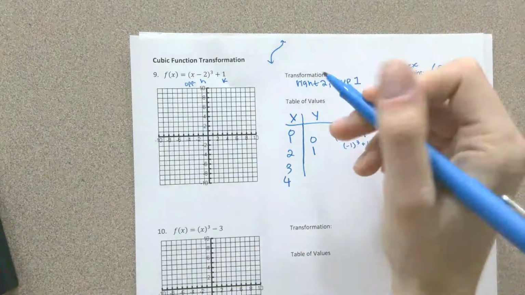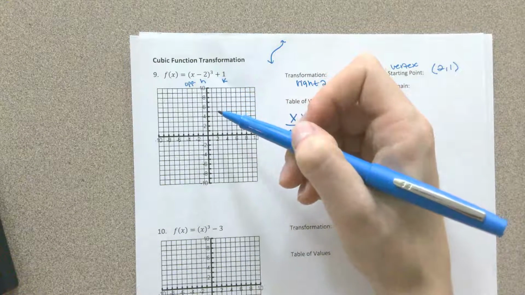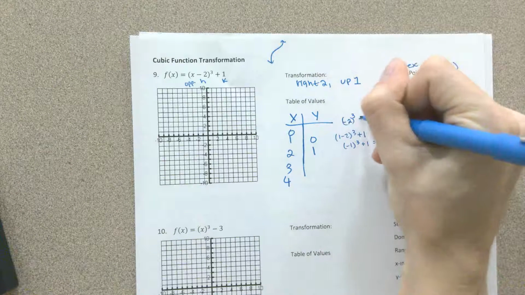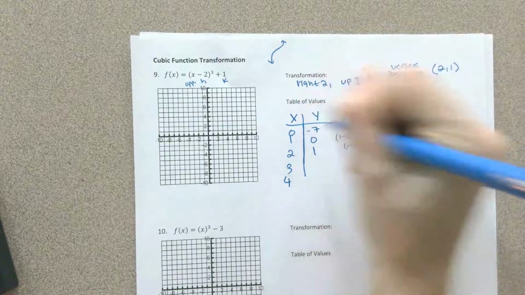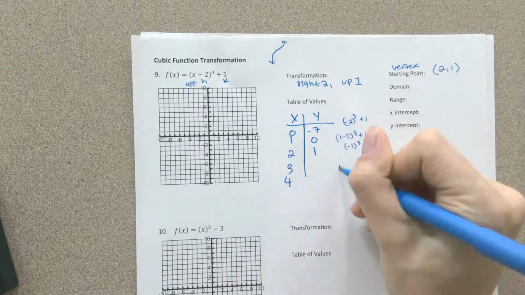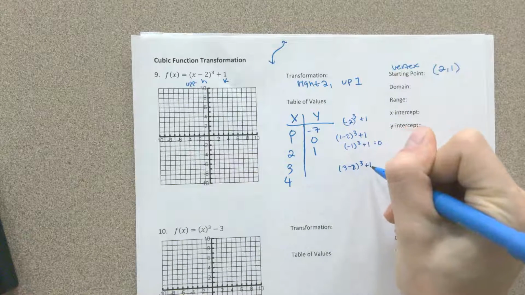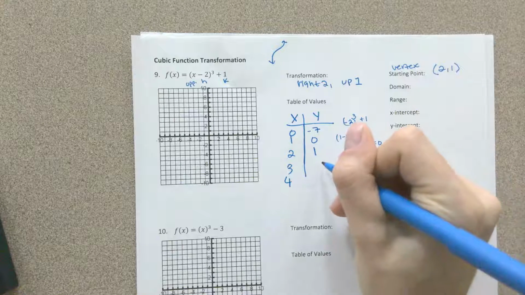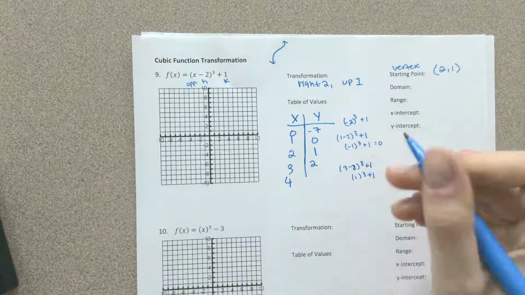For 0, we get 0 minus 2 cubed, which gives us -2 cubed. -2 cubed plus 1 gets me -8 plus 1, which gets me -7. And when I plug in 3, I get 3 minus 2 cubed plus 1, which gives me 1 cubed plus 1, which gives me 2. And when I plug in 4, I get 9.